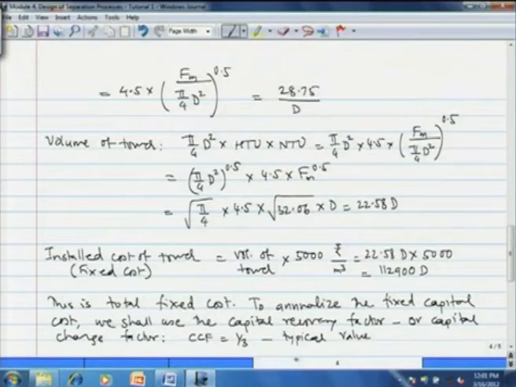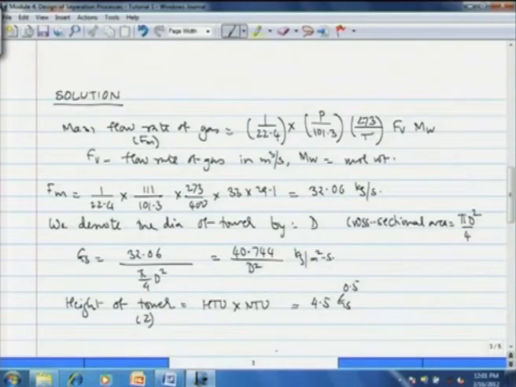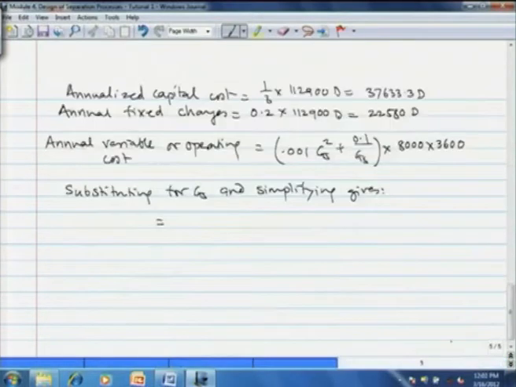GS, we have already determined here, no, GS is determined as 40.744 divided by D square. So, that value you have to substitute here and then simplify. I am giving you the final answer.